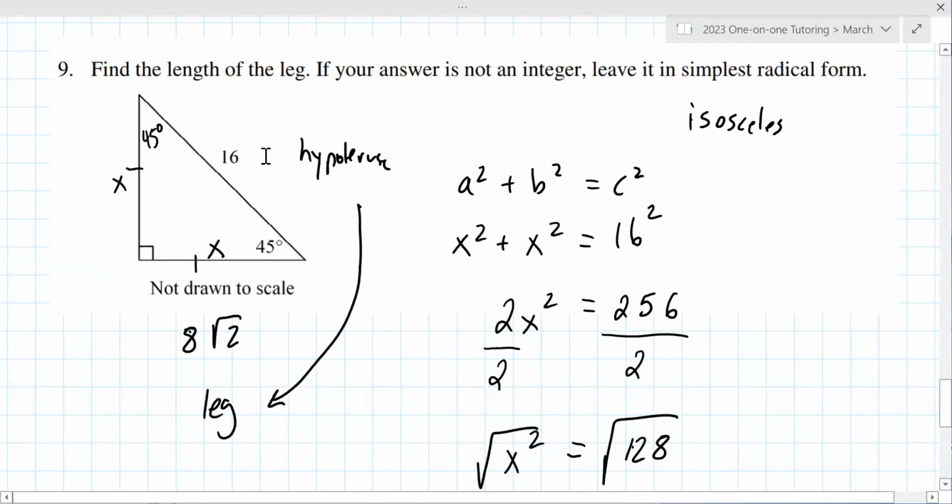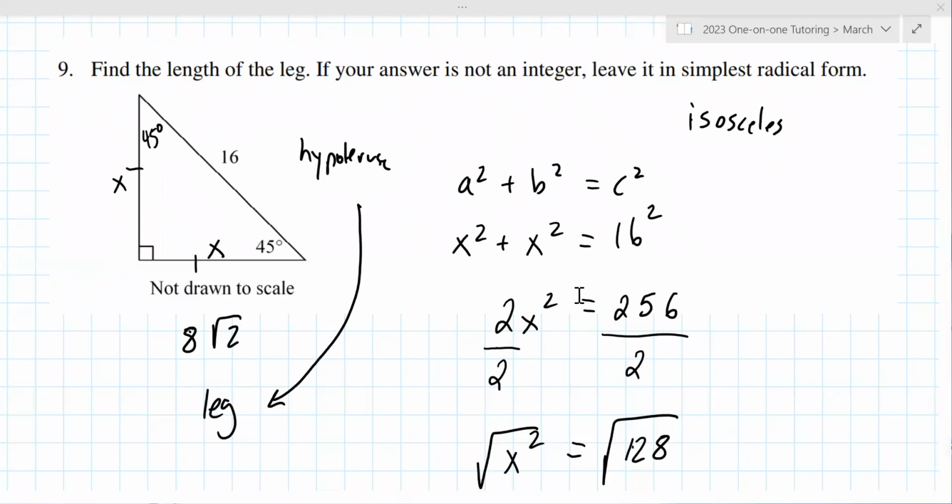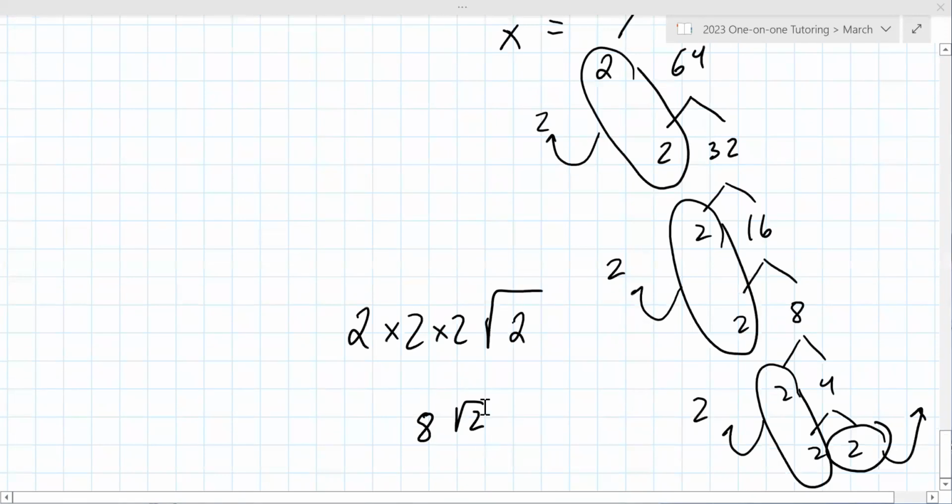Would you like to know the shortcut to go from the hypotenuse to the leg? Well, we just did that. It's not 11.3, it's 8 times the square root of 2.